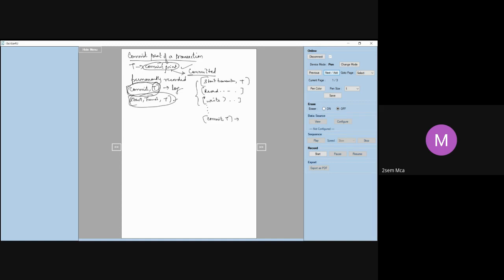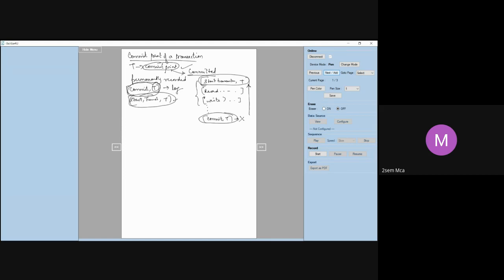If the transaction has failed, what will happen? This will not come into the log at all. That means something has gone wrong somewhere. It has not finished successfully. So what you have to do is undo or roll back, up to the point where you started the transaction.